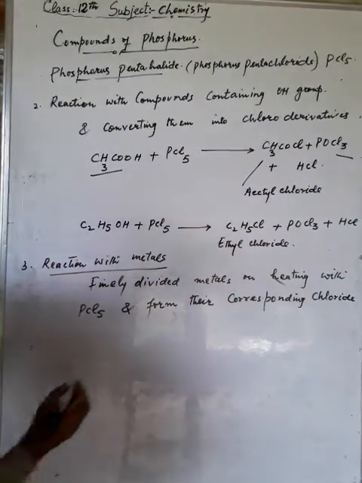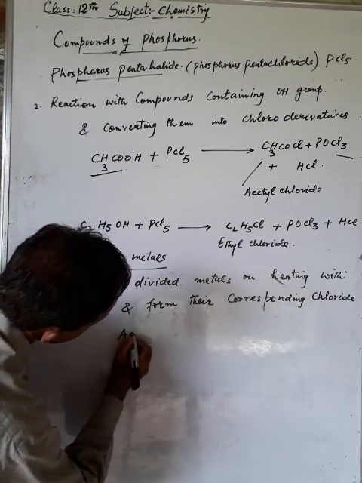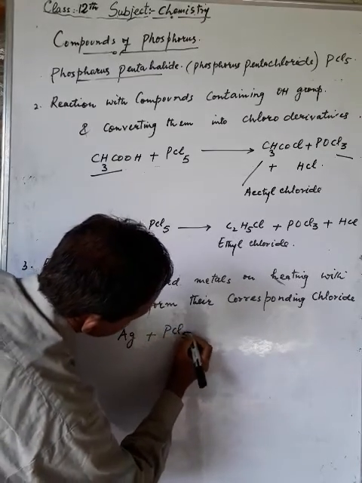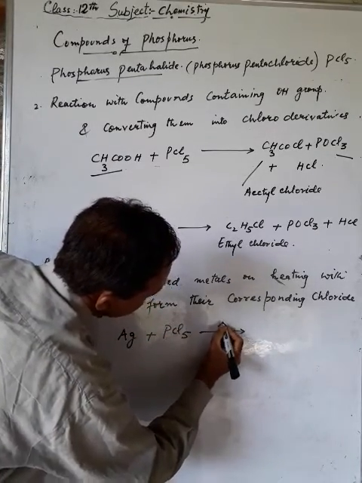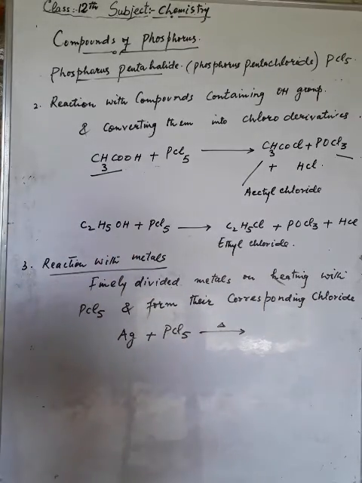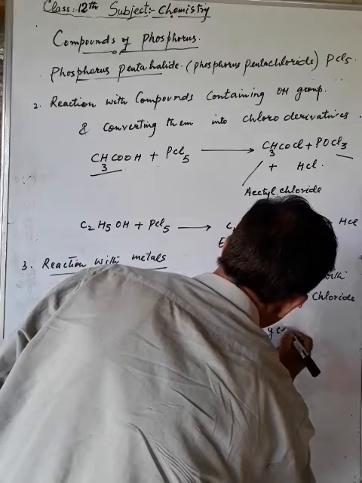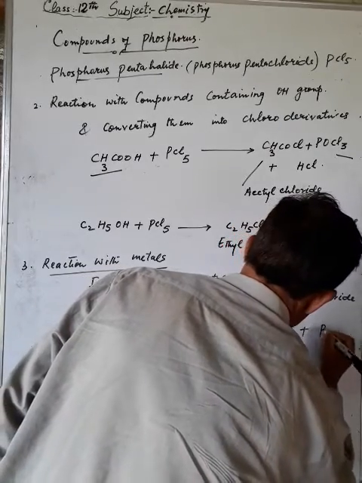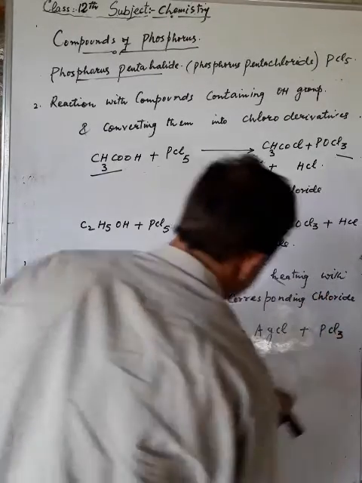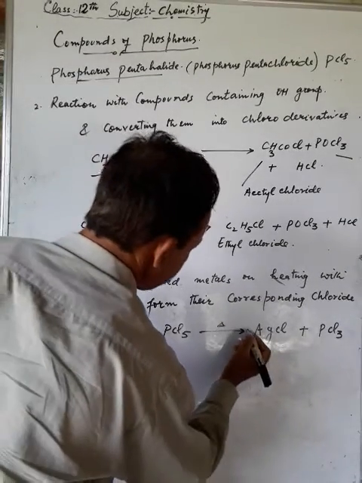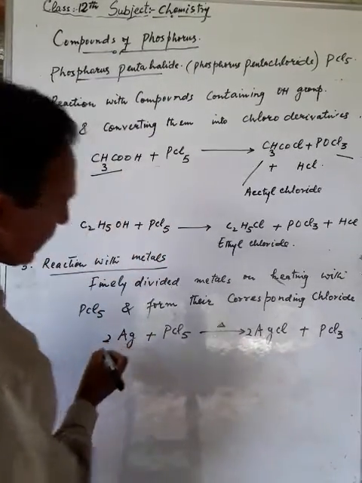For example, if we take silver and allow it to react with PCl5 on heating, it forms AgCl plus PCl3. So we will balance it, twice Ag, twice AgCl.